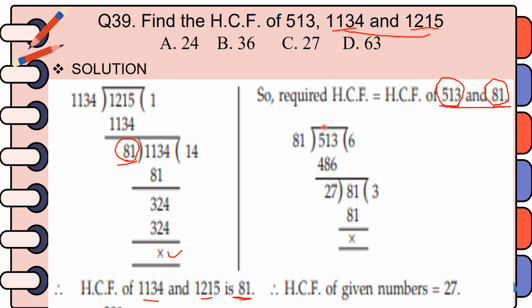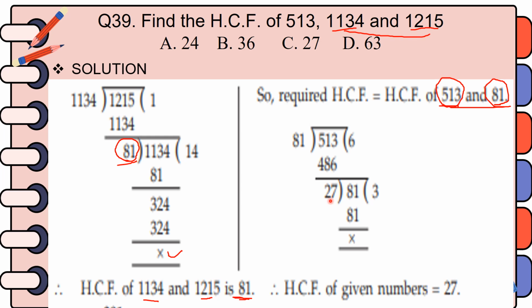The larger number is 513. The smaller number is 81. Divide 513 by 81. Okay. How much? 6 times 81 is 486. And deduct it.